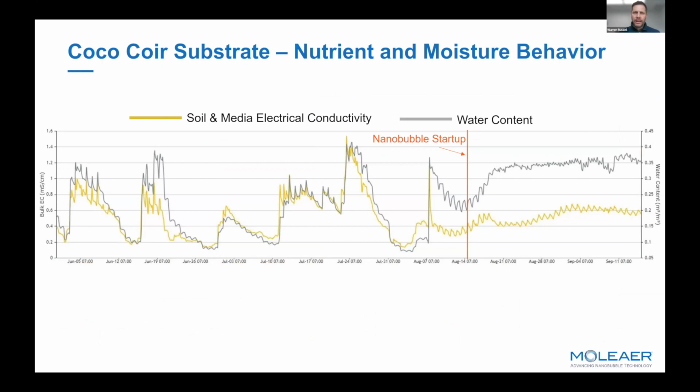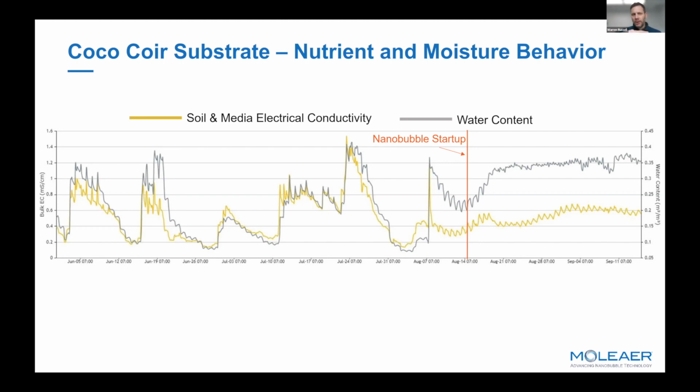Similarly, when we're looking at substrates, we see some similar trends in the way that the nutrient salts, the conductivity and the water content are changing. This is some strawberries, or raspberries rather, grown in coco coir.